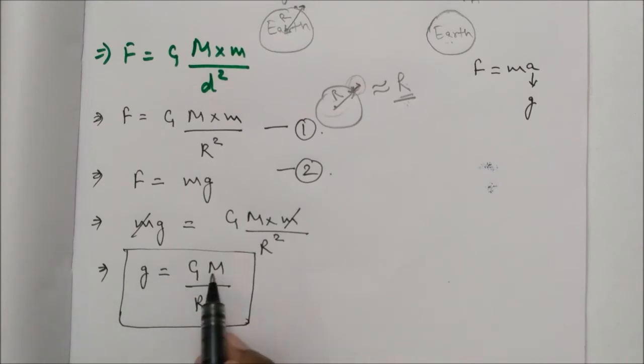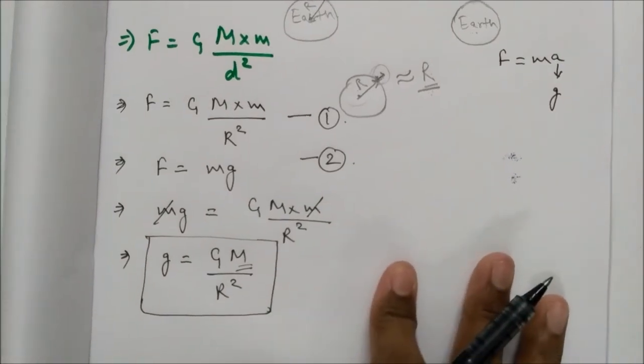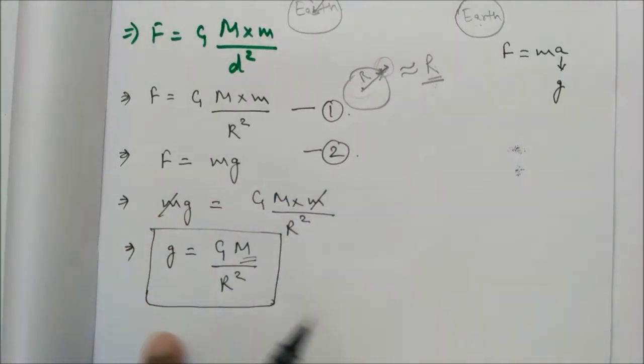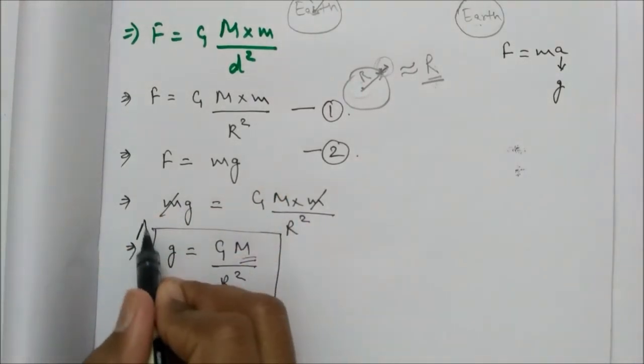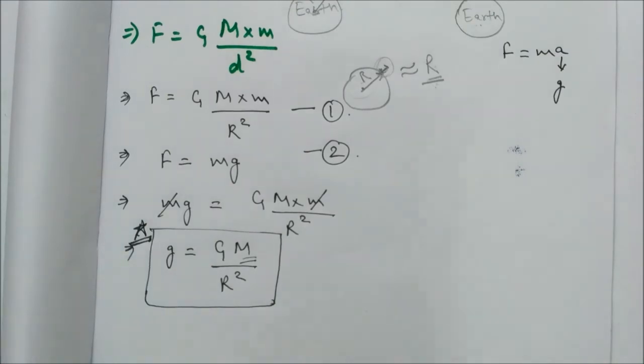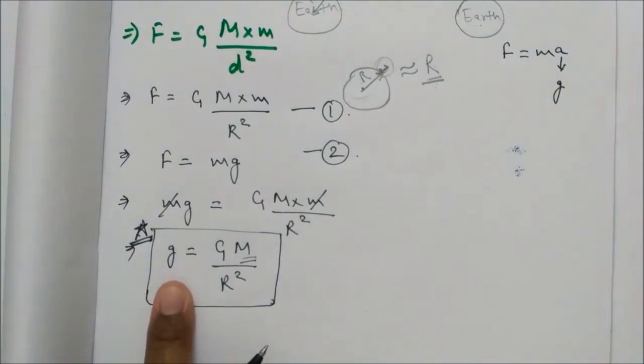It is only dependent on the mass of the earth. So this is the point. There are a few conclusions regarding this formula, so you have to learn this formula. Now I'll be making those conclusions. Okay, now tell me.